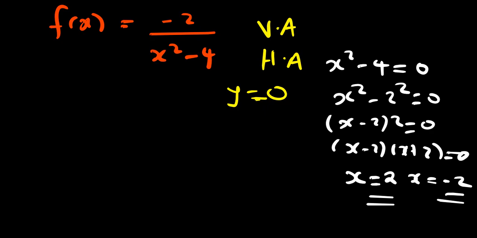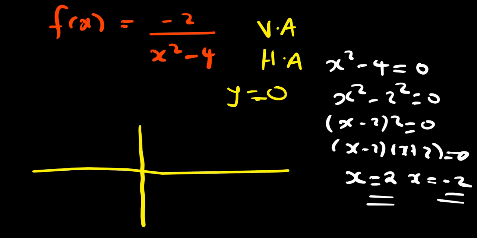So what you're going to do is what? When you're drawing your graph, let me say this is the y-axis, this is the x-axis. Put your asymptotes in, where the graph is not going to touch. So let's say this is -2, and the other value that we found was 2, okay?